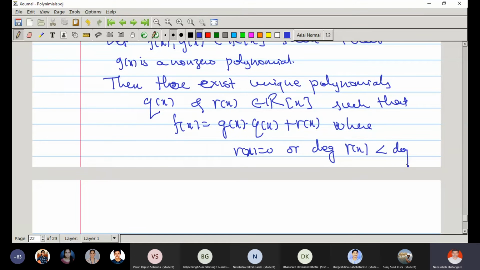Right, so here we are dividing by g(x), so the degree of the remainder is always less than the degree of g(x). The statement is clear. Any doubt?